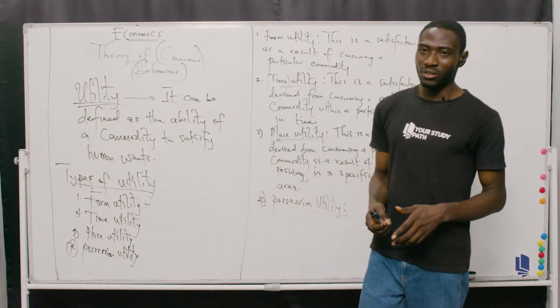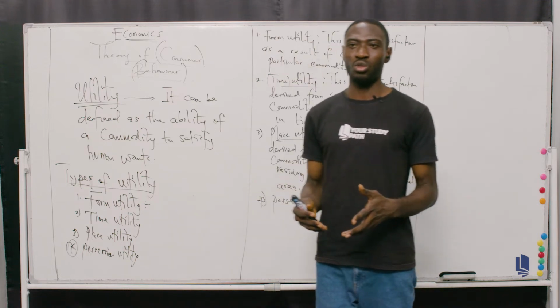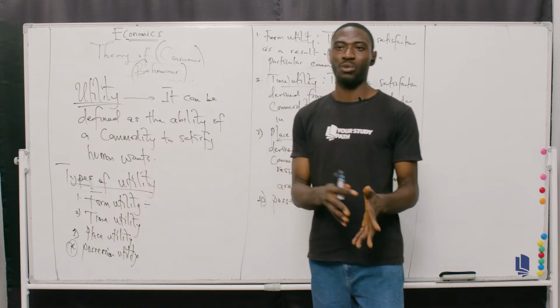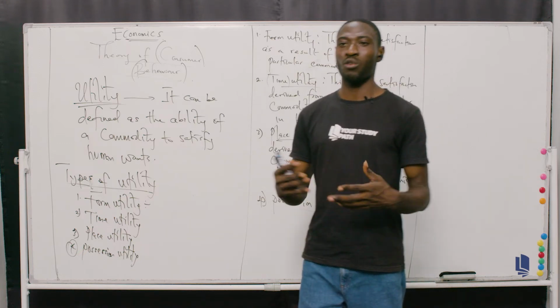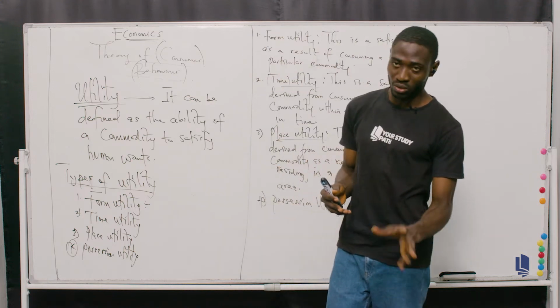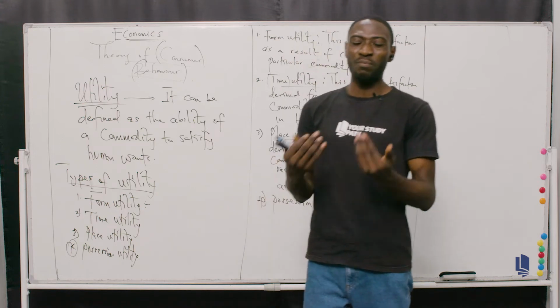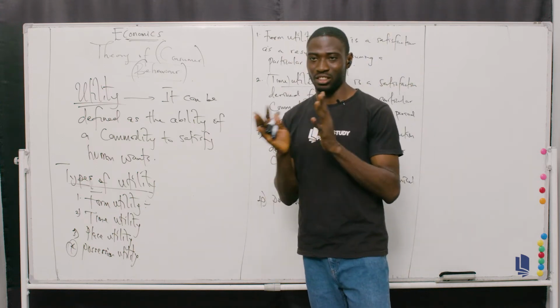Possession simply means you are gaining control over a particular commodity, or you have control over that commodity, but that doesn't mean that thing is yours. When you have ownership, it is yours. But when you gain possession, it is not yet yours.